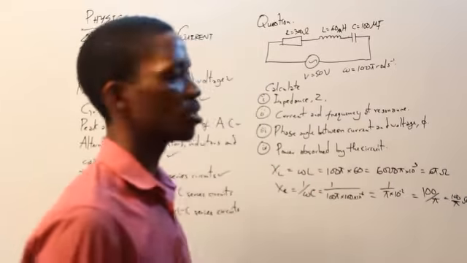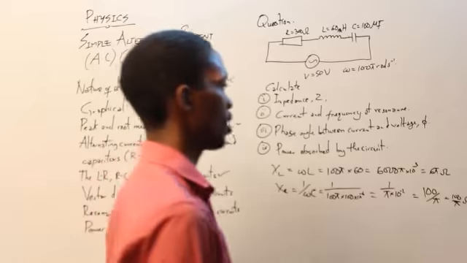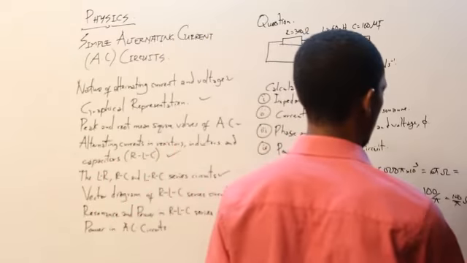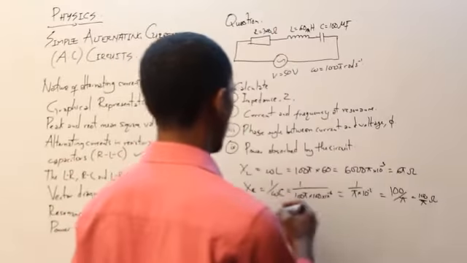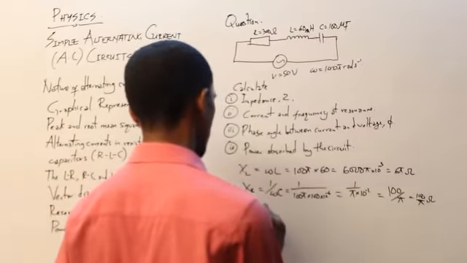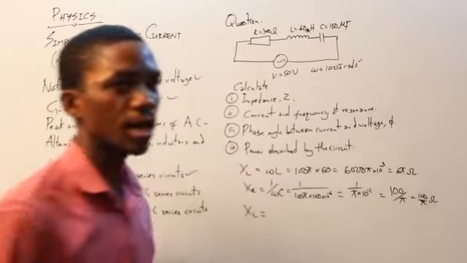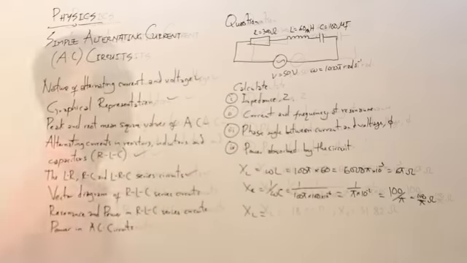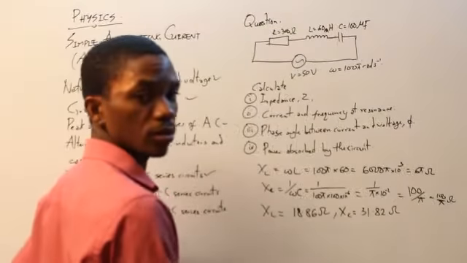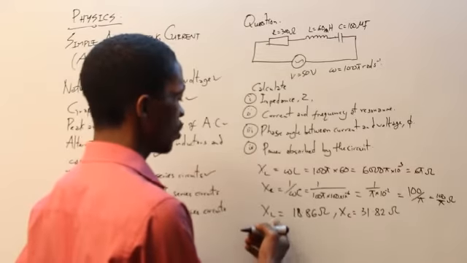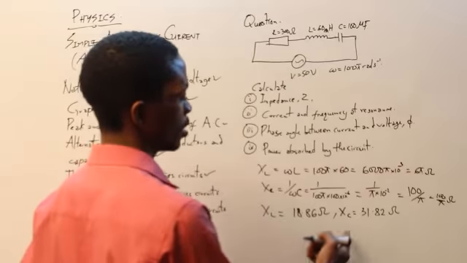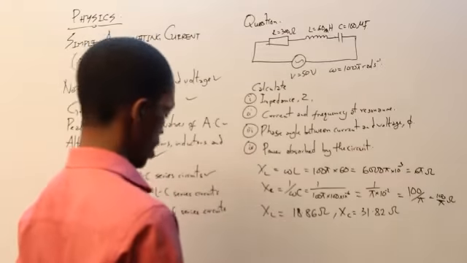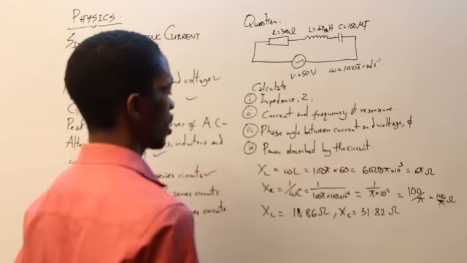Now we can introduce the value of pi and get actual values for the reactance of the inductor and the reactance of the capacitor.